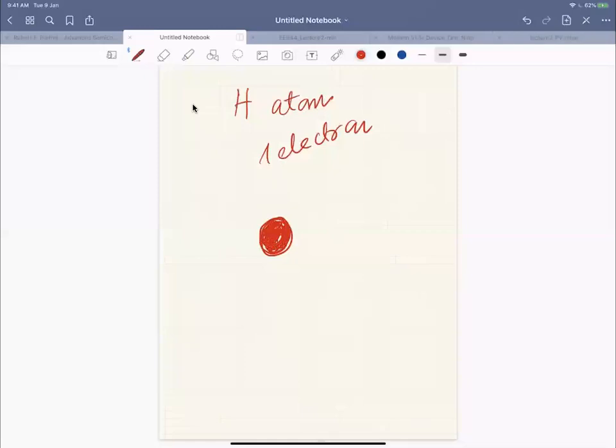I think Mohit has also discussed this in the Saturday's class. So the potential energy will be minus q square by 4 pi epsilon 0 r.